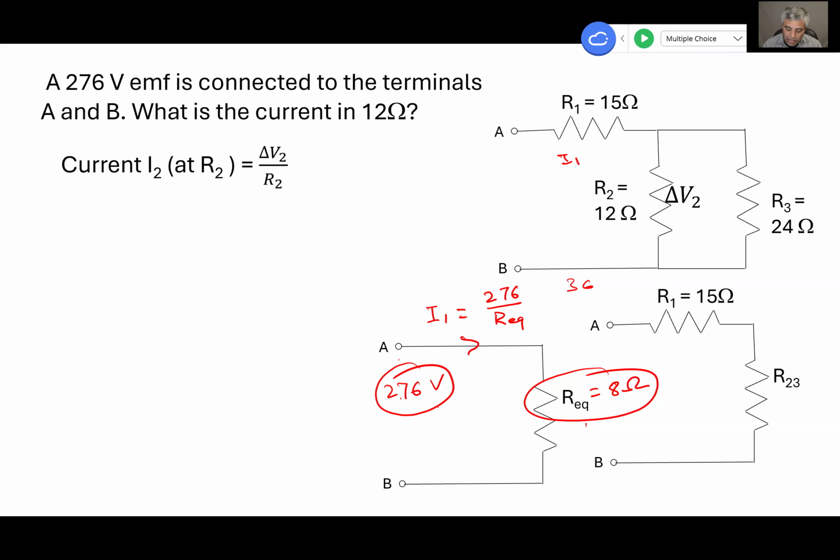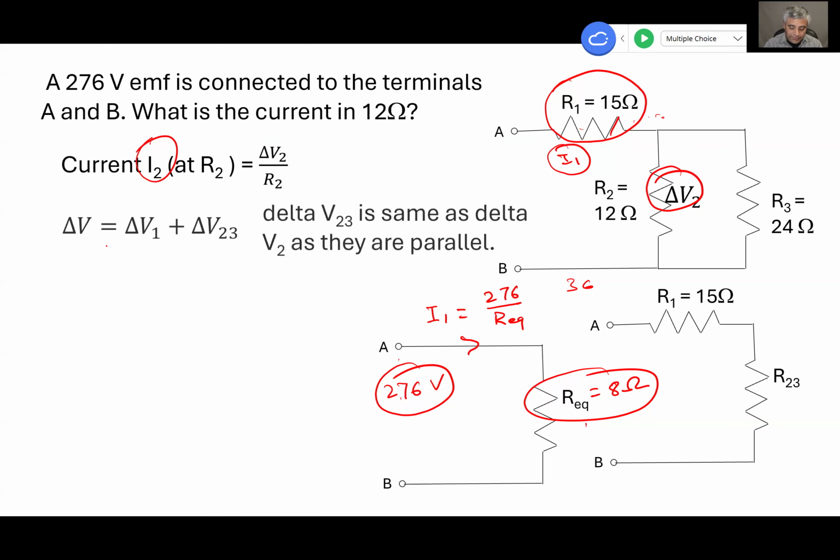Now, see, this current is not I2. So to find I2, we need delta V. Once we know this current and this resistance, we can tell the voltage, okay? And so that means we can do this.